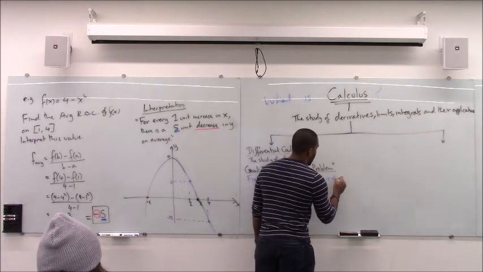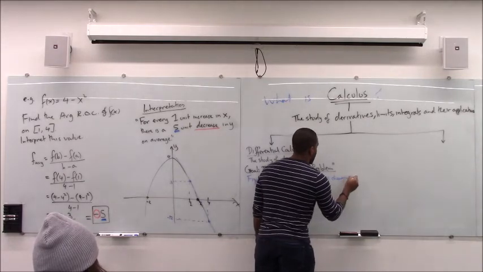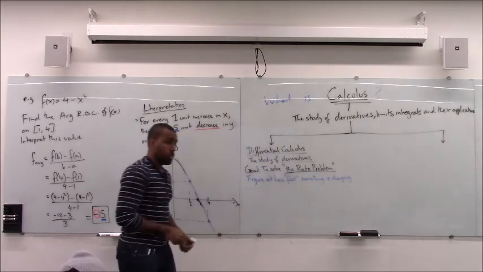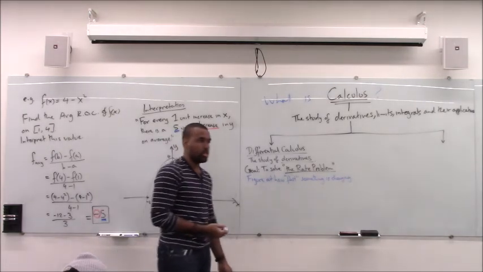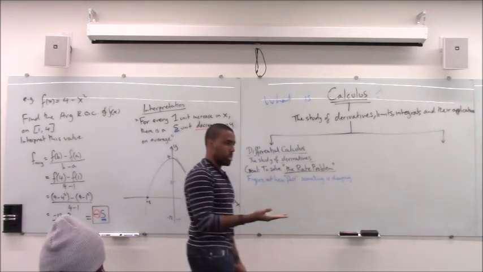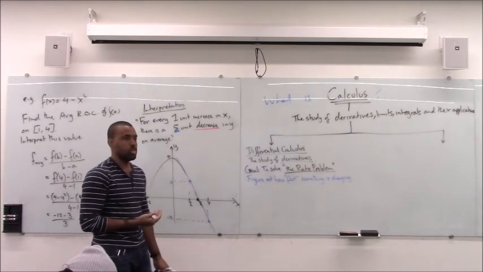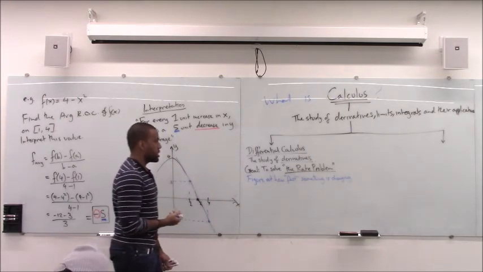This is the rate problem. So, you use derivatives when you want to figure out how fast something is moving, essentially, right? You have something, how fast is that thing moving? Use a derivative, right? So that's called the rate problem.